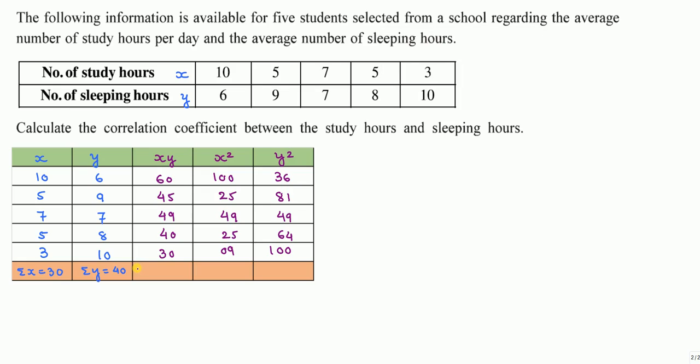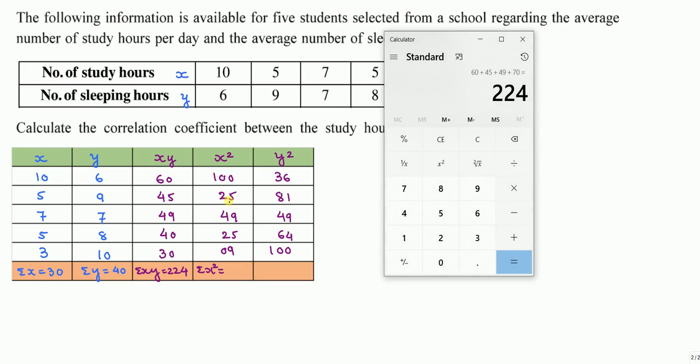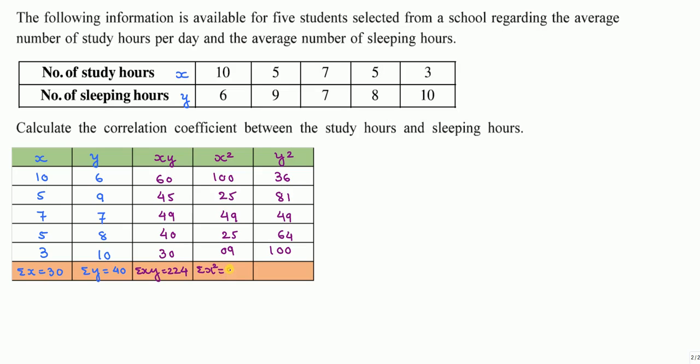Sigma xy equals 224. Now sigma x square: 100 plus 25 is 125, plus 49 plus 25 plus 9. Total is 208. Similarly, sigma y square.